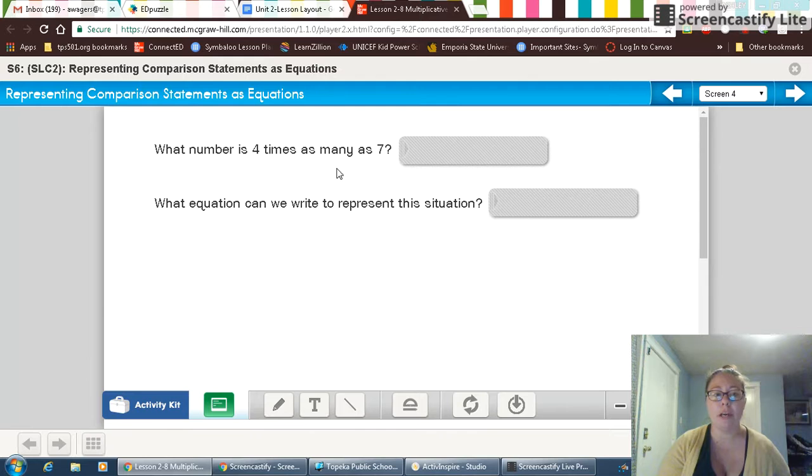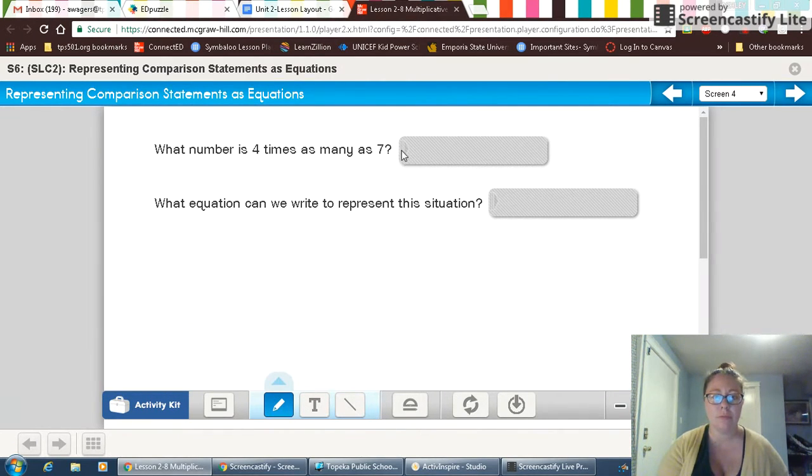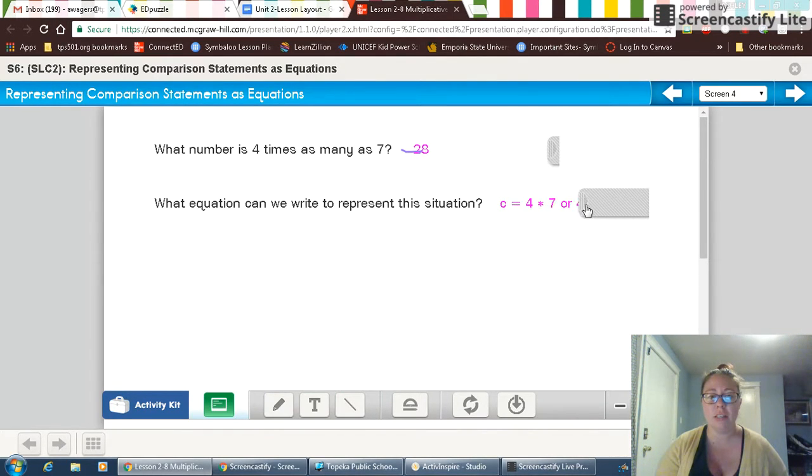So here we go. 4 times as many as 7, we just said, is 28. And then what equation can we write to represent the situation we just did? Okay, C equals 4 times 7, or 4 times 7 equals C. Now that C stands for crayons.